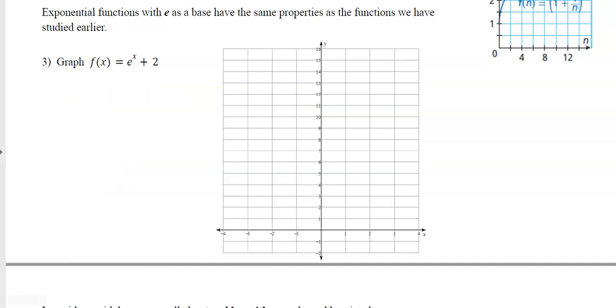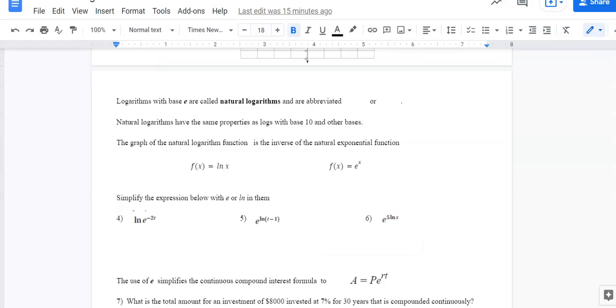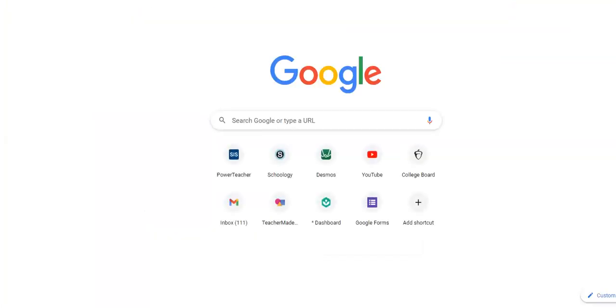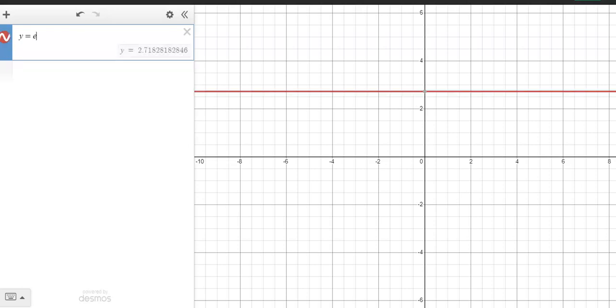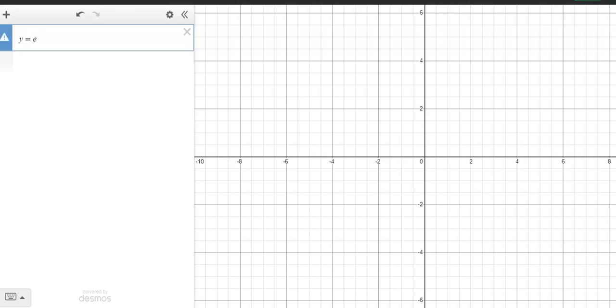So I'll pull Desmos up here. And y equals e, and it knows what e is. See, it automatically popped up over here. e raised to the x power. And got an arrow over.